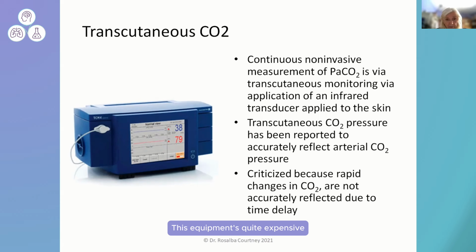This equipment's quite expensive. So I've tried it, but I have never had it in my clinic. It's been used in some of the research, but being criticized because there's a bit of a delay. There's like a 2-minute delay. So you're not getting real-time measures of CO2, you're getting a slight delay.